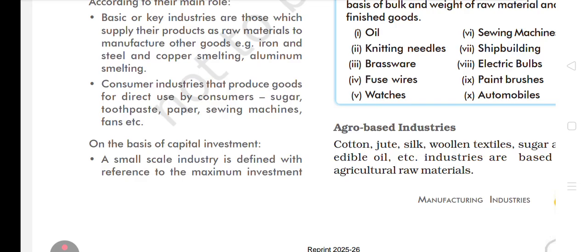Iron is a metal which is present in its oxide form or like this. So the process of roasting and calcination occurs in these industries. Iron is manufactured, and when iron is manufactured, these industries supply iron to other manufacturing industries which use iron as their raw material. So basic or key industries are those industries which supply their product as raw material to manufacture other goods, such as iron and steel, copper smelting, and aluminium smelting.